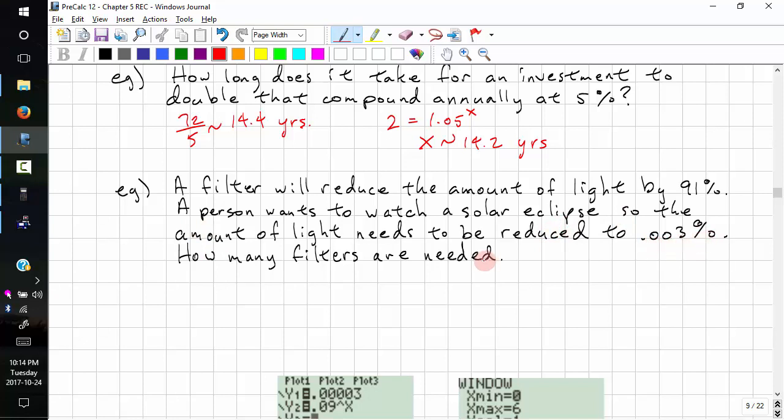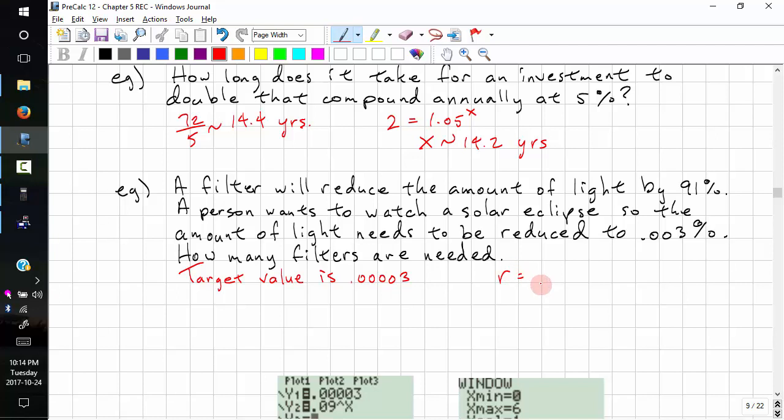How many filters do we need? Okay, so our target value is 0.00003. Okay, so we have to add 2 more zeros when we're dividing by 100.